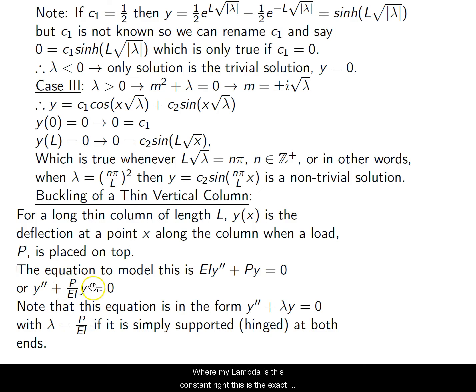This is the exact case we were just looking at. So the only solutions that we have here are when this is positive, which it will be, because the load we place is a positive value, not a negative load, and the flexural rigidity is going to be positive. So this will be a positive value, so that gives us case 3.